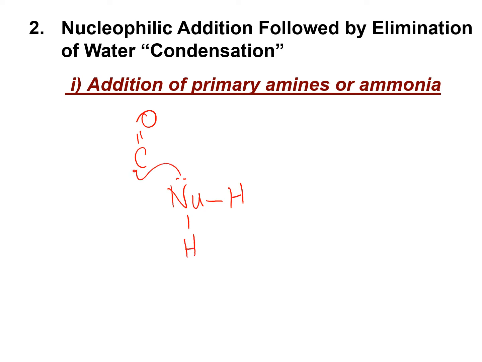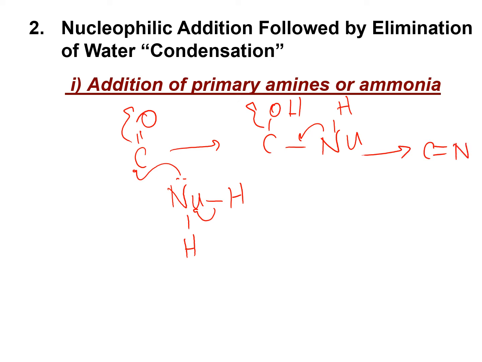The nucleophile will attack your carbonyl, breaking the double bond, and now the nucleophile is attached to the carbonyl and is still carrying a proton. Accordingly, a condensation step will take place, producing a double bond between the nucleophile and the carbon. A very important example for such reactions are amines, whether they are primary or secondary or amine derivatives.